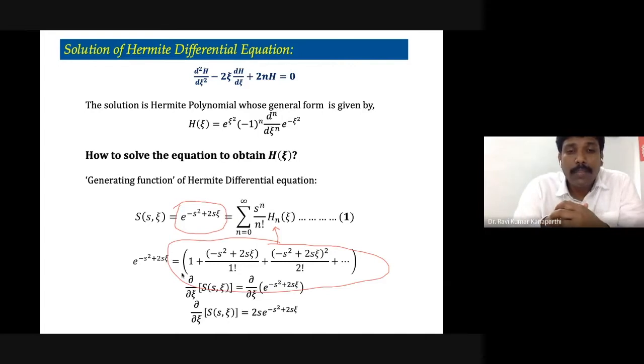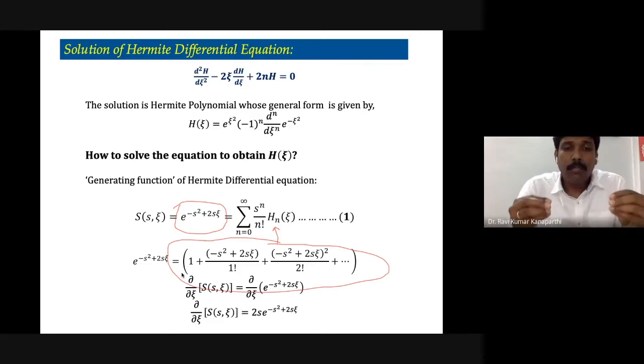Now, what is the generating function? The left hand side you can keep as such, but on the right hand side you have the function e to the power minus s square plus 2sz. If you are calculating the first derivative of e to the power minus s square plus 2sz, the derivative of e power x is e power x itself.